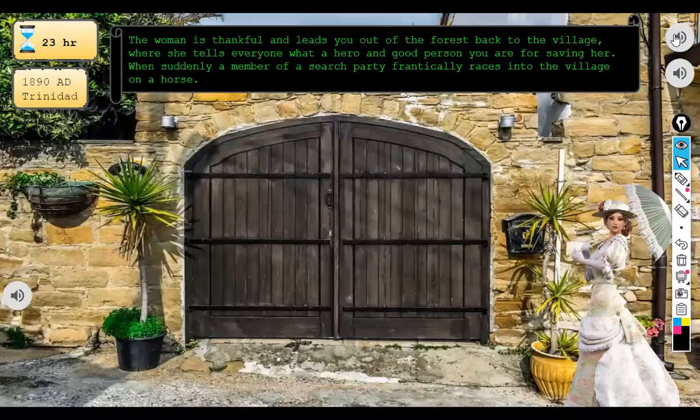All right, so the story does continue. So she takes you back to her village, right? This is obviously one of those old time houses, or forts in Trinidad. This is how they used in the folk time, with the little big stones in the walls and whatnot. So she tells everyone that you are a hero and you saved her.